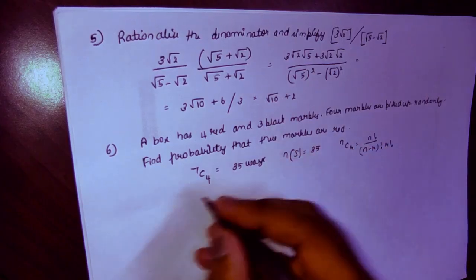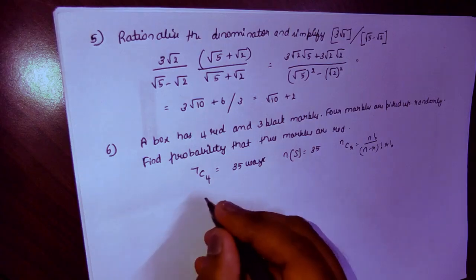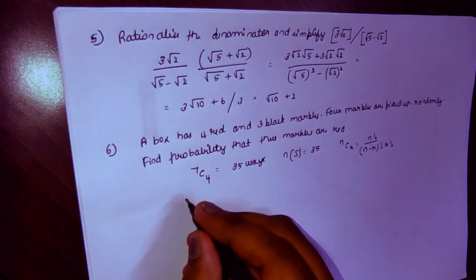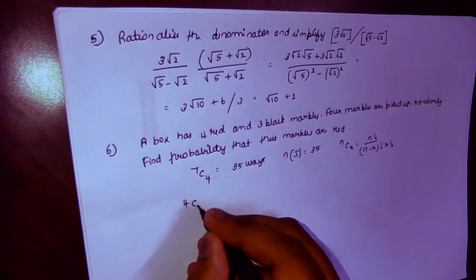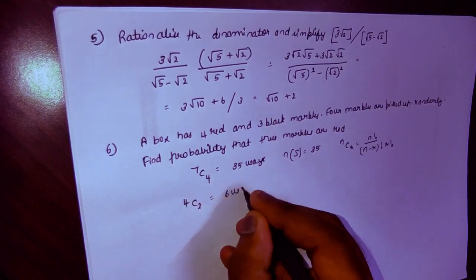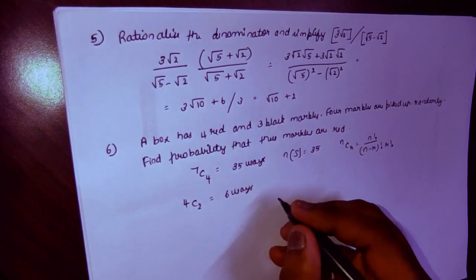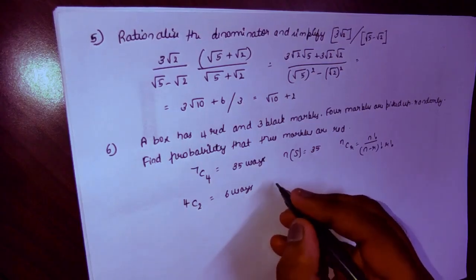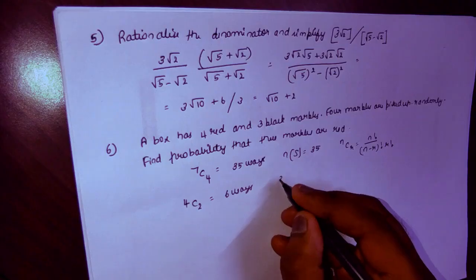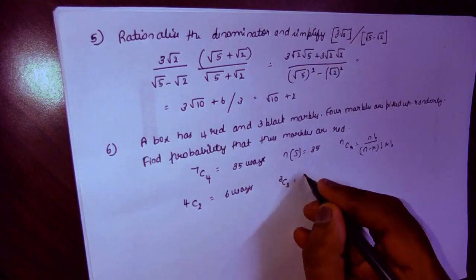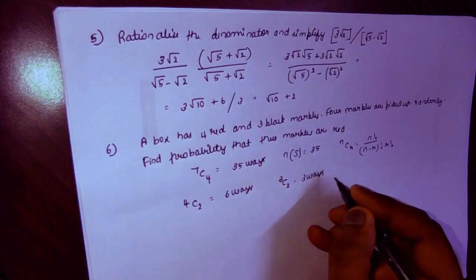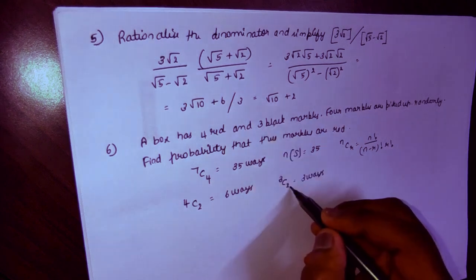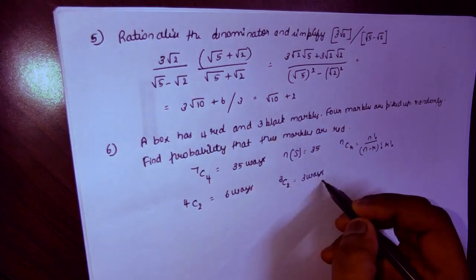So 2 marbles out of 4 red marbles. There are 4 red marbles. Out of those, 2 red marbles can be picked in 4C2 ways, that is 6 ways. And when 2 red marbles are picked, the other 2 have to be black. So it becomes 3C2, that is 3 ways. Out of the 3 black marbles, the other 2 should be black, so it is 3 ways.